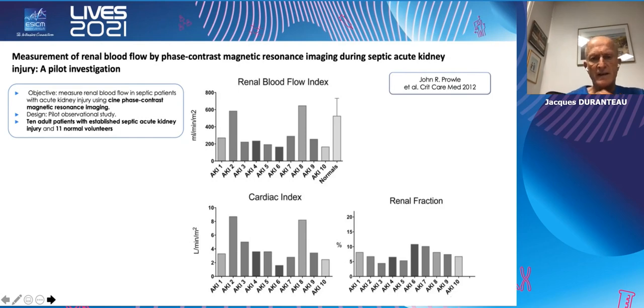You can see that clearly there is an alteration of renal blood flow. When you look at the renal fraction of the cardiac index, usually this fraction is around 20%, and here it's less than 10%. So clearly in these septic shock patients, there is an alteration of the renal blood flow.